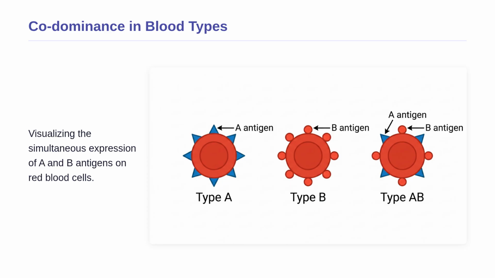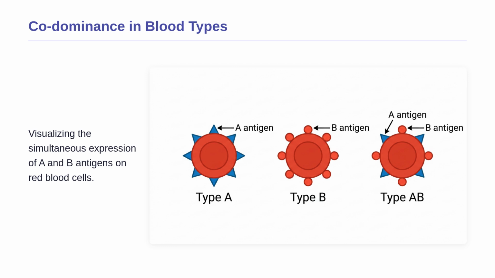To truly grasp this concept, let us look at this diagram of red blood cells. On the left, you see a type A red blood cell, covered exclusively in A antigens, represented by specific markers. In the middle is a type B cell, covered entirely in B antigens. But look at the type AB cell on the right.